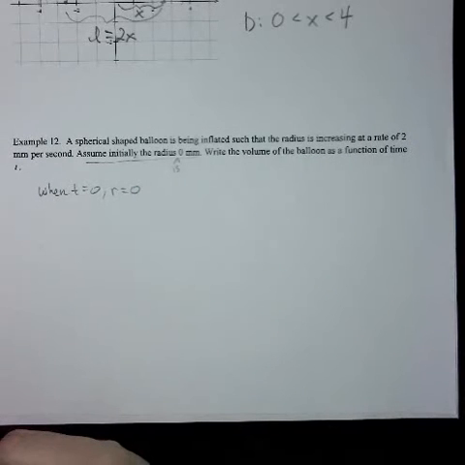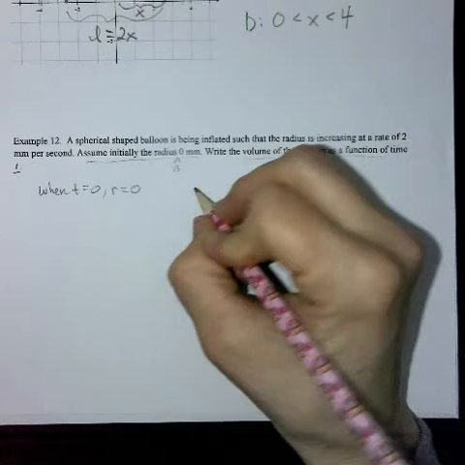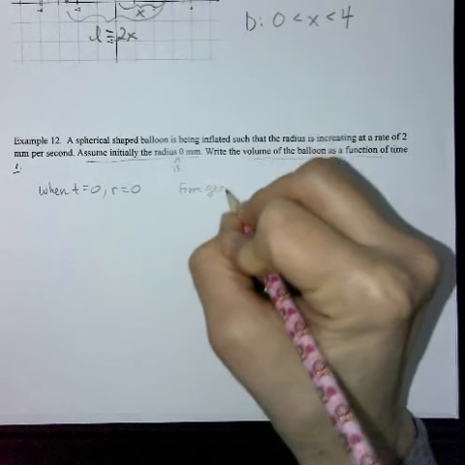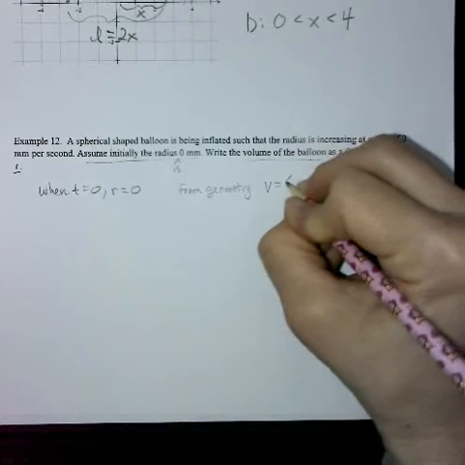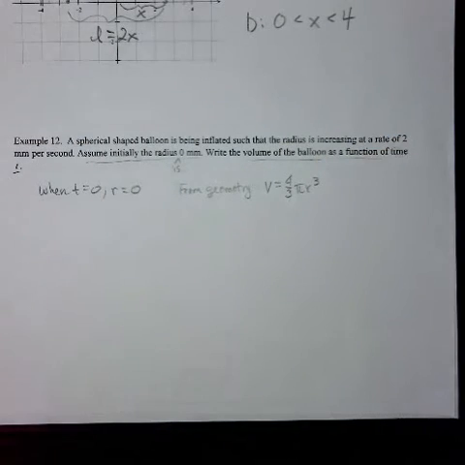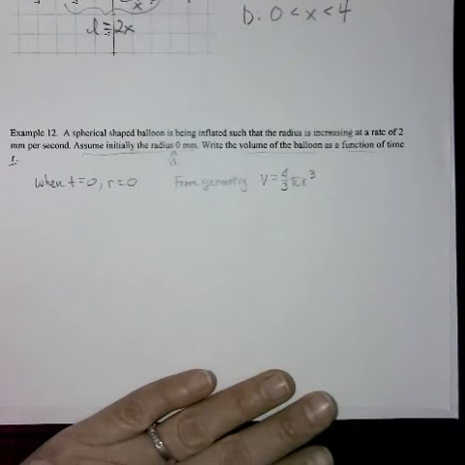So we want the volume of the balloon as a function of time t. We know from geometry that the volume is equal to 4/3 pi r cubed. So the volume is a function of the radius, not a function of time.